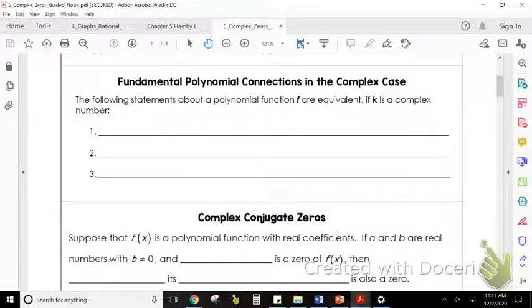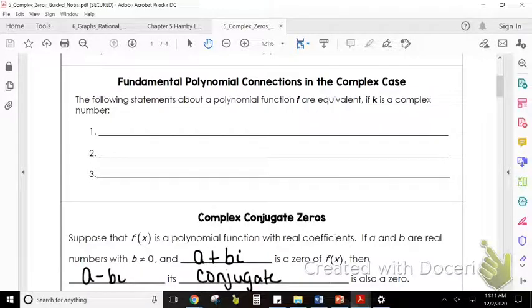All right, and then it says suppose that f of x is a polynomial function with real coefficients. If a and b are real numbers with b not equal to 0 and a plus bi is a 0 of f of x, then a minus bi, its conjugate, is also a 0.